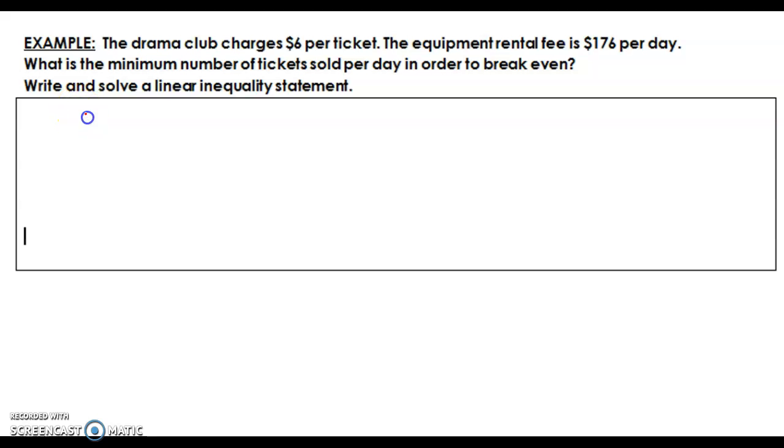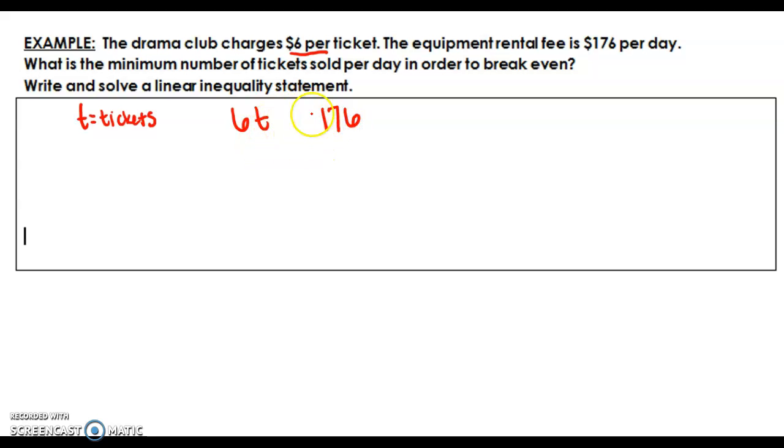So I'm going to define a variable. I'm going to say T is going to stand for tickets. And how much are they charging per ticket? Well, it's $6 per ticket. So that is a multiplication problem. And I know that they're being charged $176.